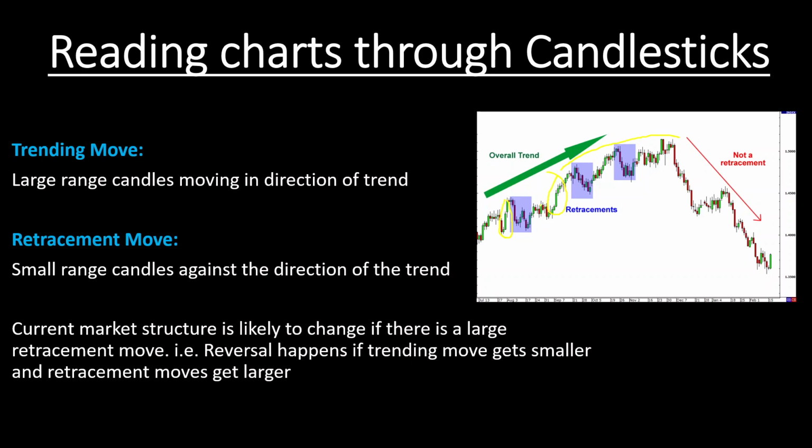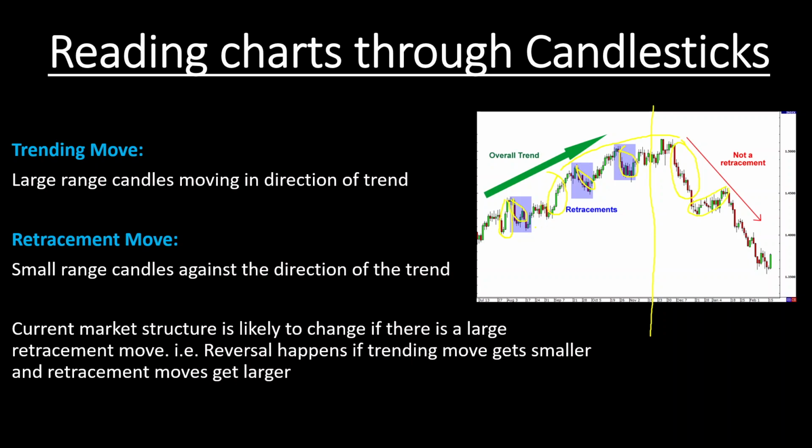So these moves here would be a lot shallower, with smaller candles. Whereas I think, honestly, this side is a better example. If you're looking at large candles moving in the direction, these moves, and then small range candles against the direction of the trend, these moves.